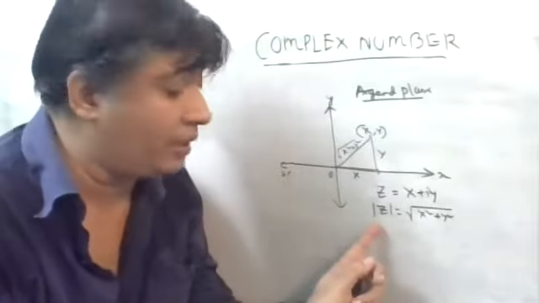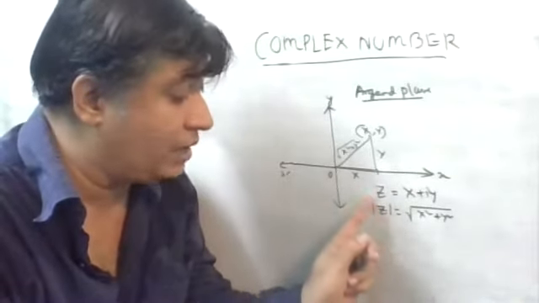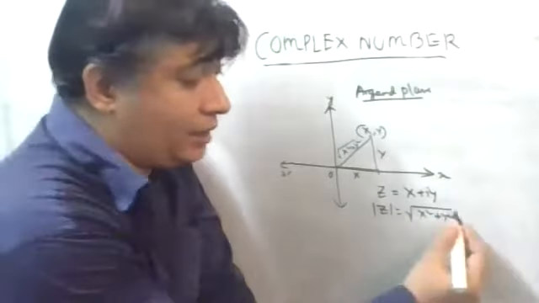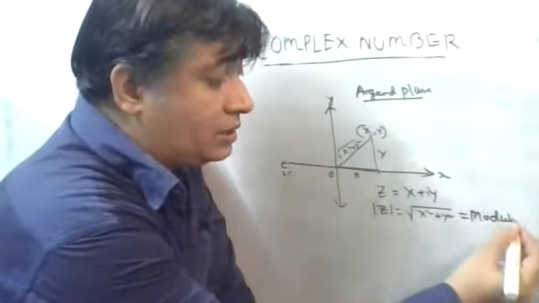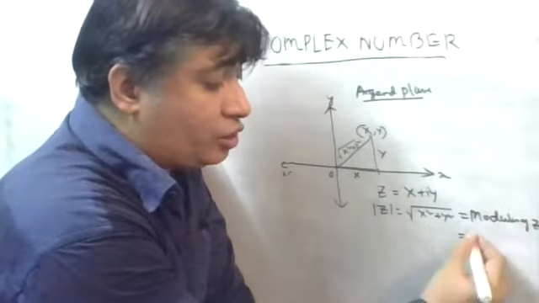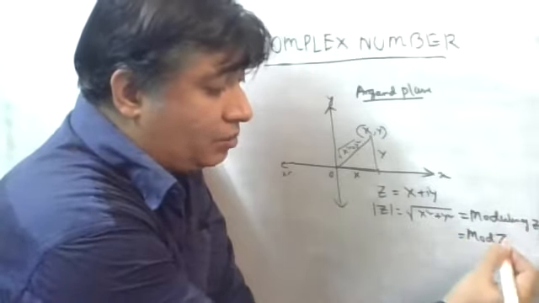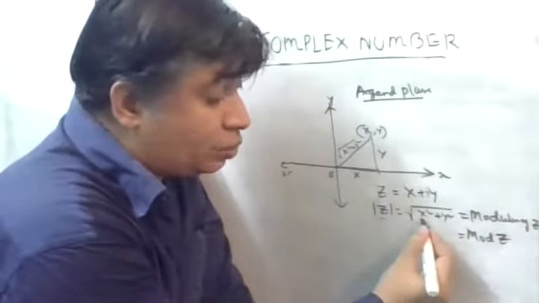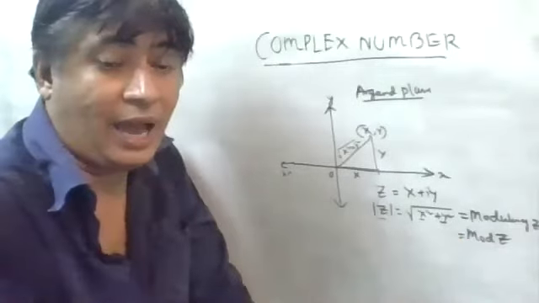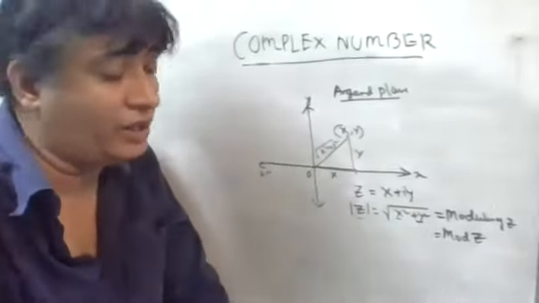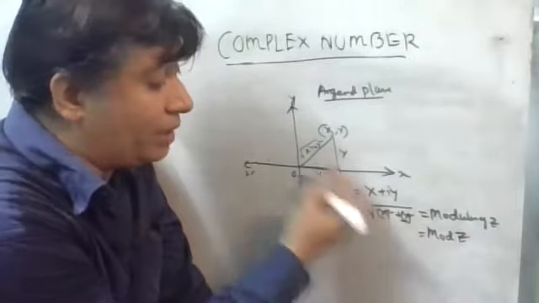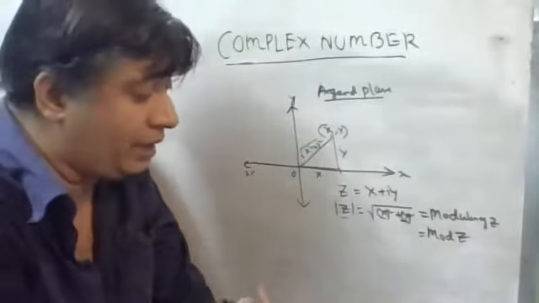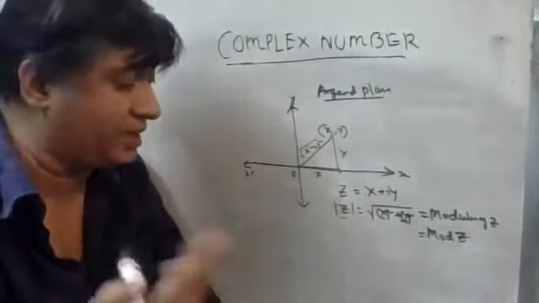Symbolically, it is denoted by z confined into vertical lines, and by definition it is called the modulus of z, and in short I can write mod z. So mod z is root over x square plus y square, and in finding mod z we take the x component and y component, the real parts, not the imaginary part. Length cannot be abstract or imaginary.